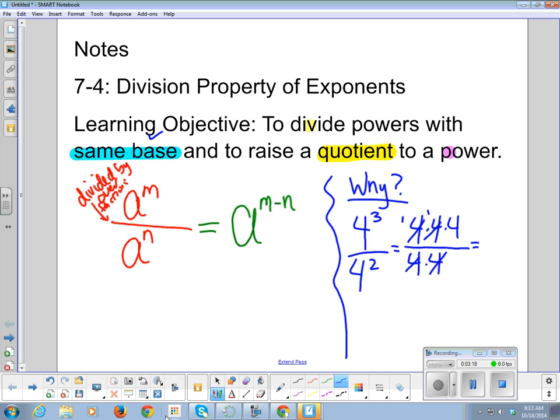And 1 times 4 is 4 over 1, or 4. Now if I were to do it here and use this property, 4 to the 3 minus 2, 3 minus 2 is 1, and that's the same as just 4.